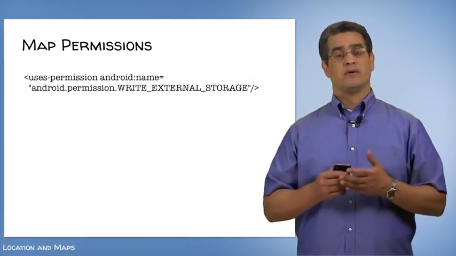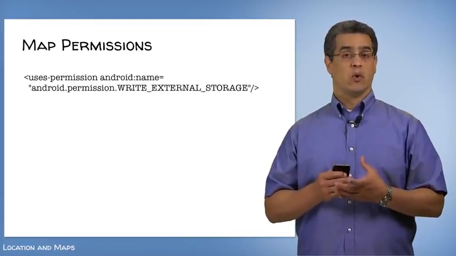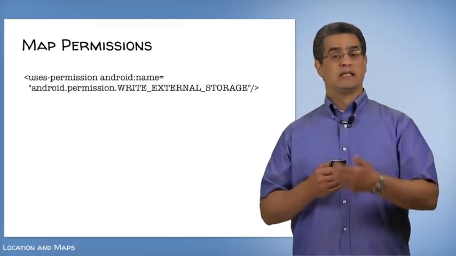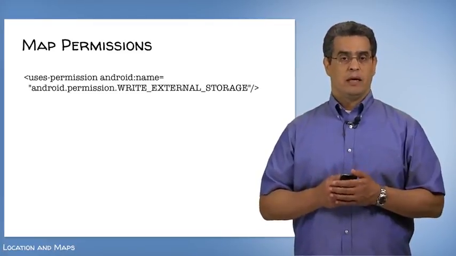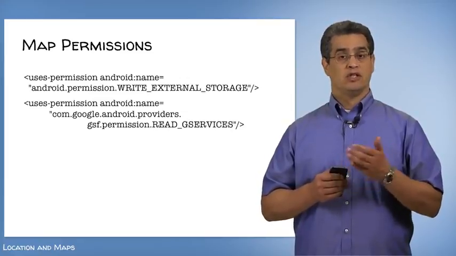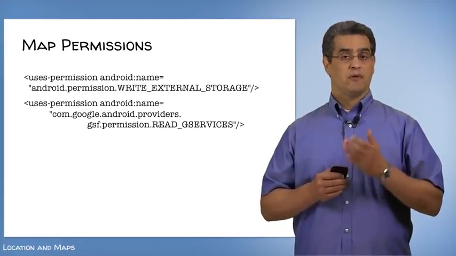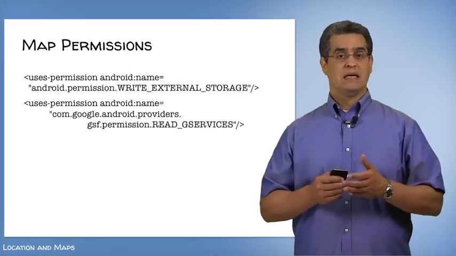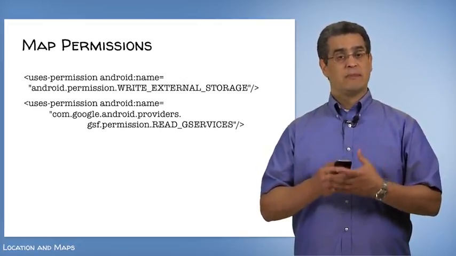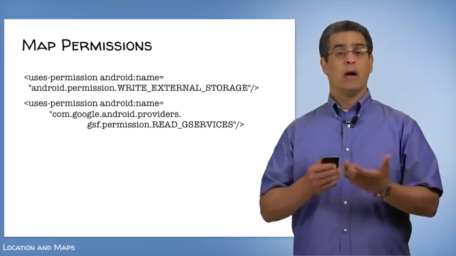You'll need the write_external_storage permission, because map data needs to be written to the device's external storage area. And you'll need the google.android.providers.gsf.permission.read_services permission. And that's so that the Maps API can access Google Web Services.